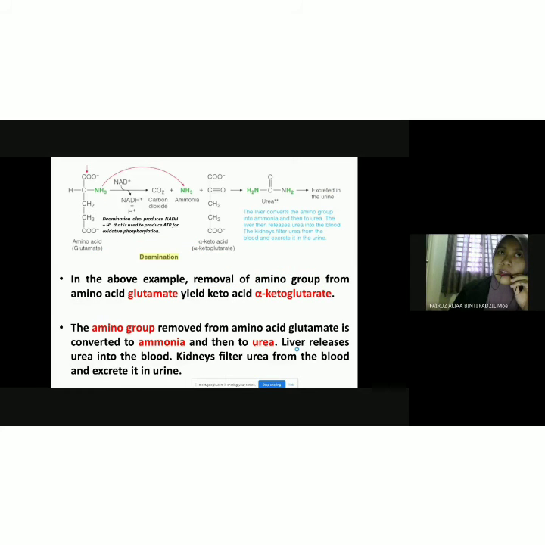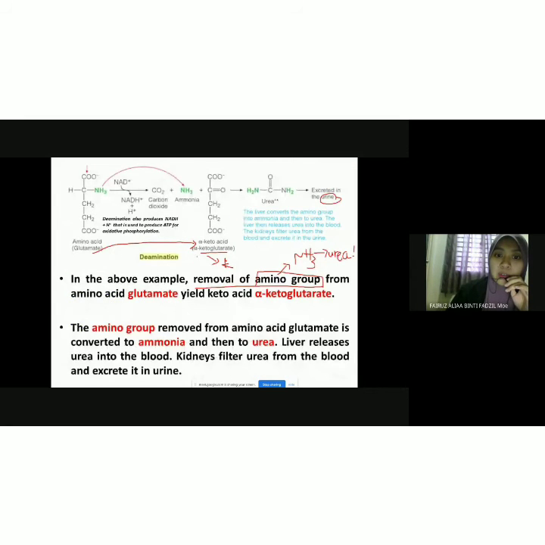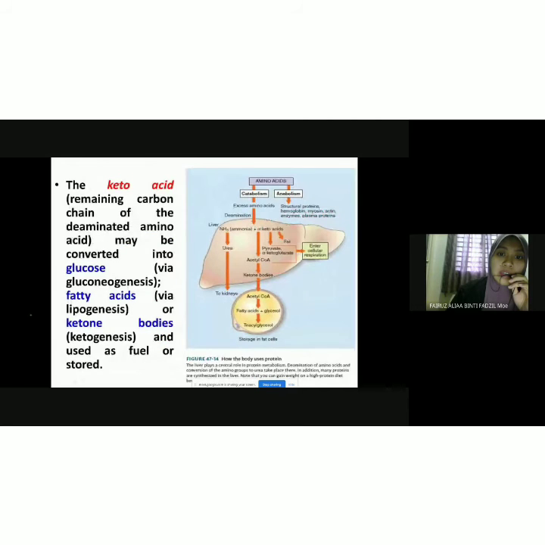Now we want to focus on what happened to the alpha keto acid here. Just now I said the keto acid can enter the Krebs cycle, but that's not the only function of the keto acid, there are more. The keto acid can be involved in several functions.